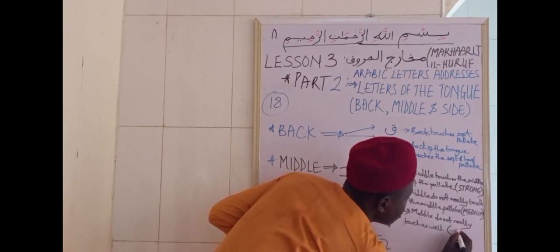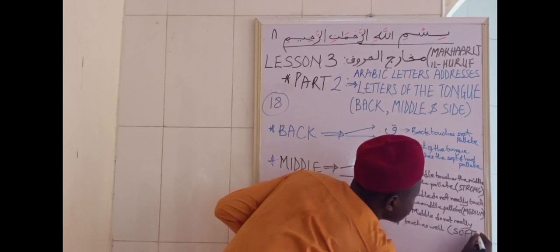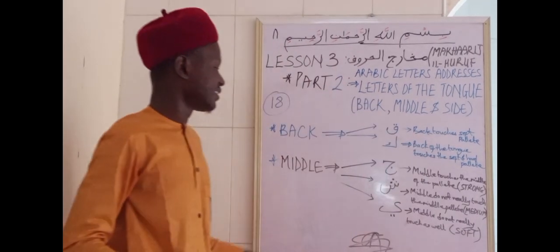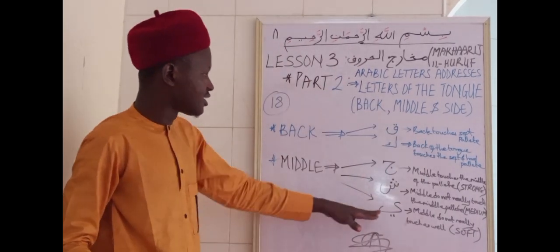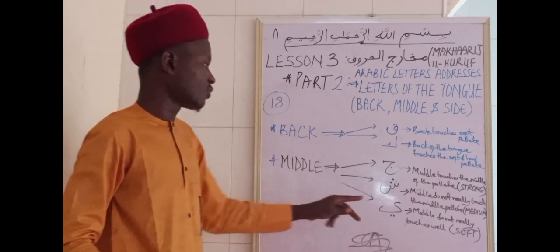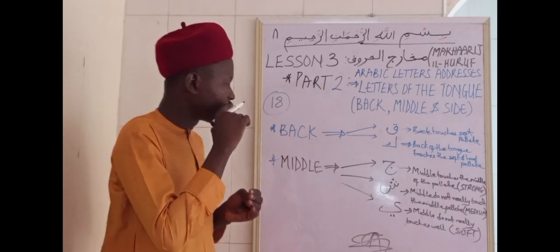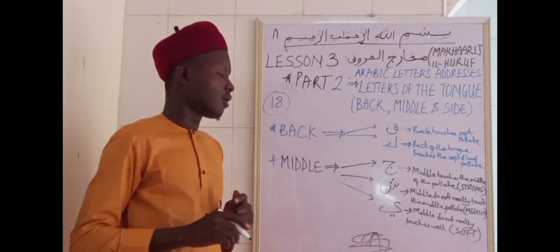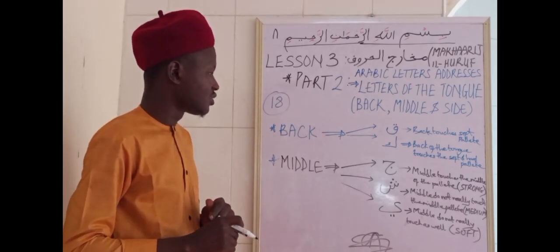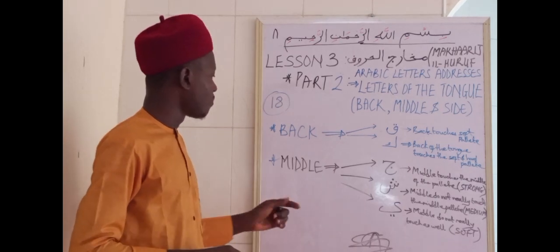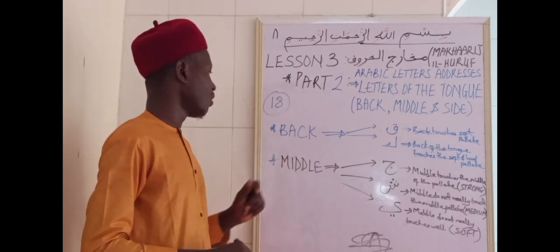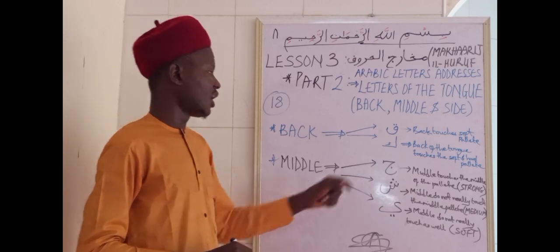So let me now call it soft. So what I mean by that is this one is more softer, that of ya. If you want to pronounce the space between the middle of the tongue and the upper palate, it is more open compared to that of shin.